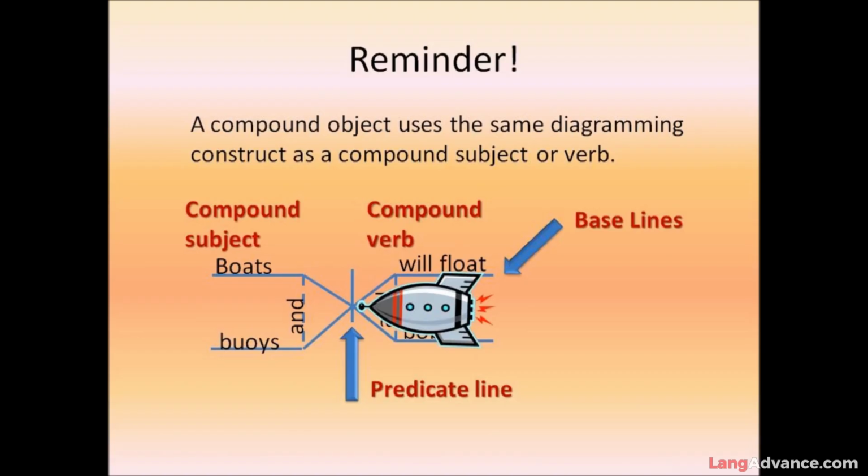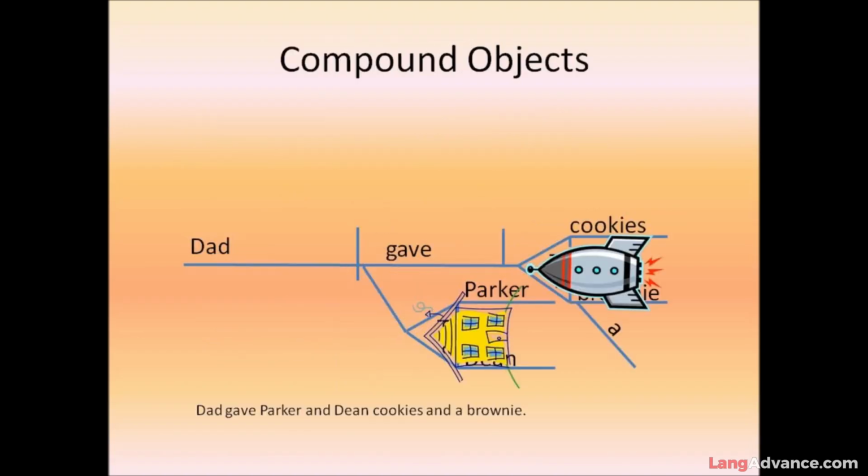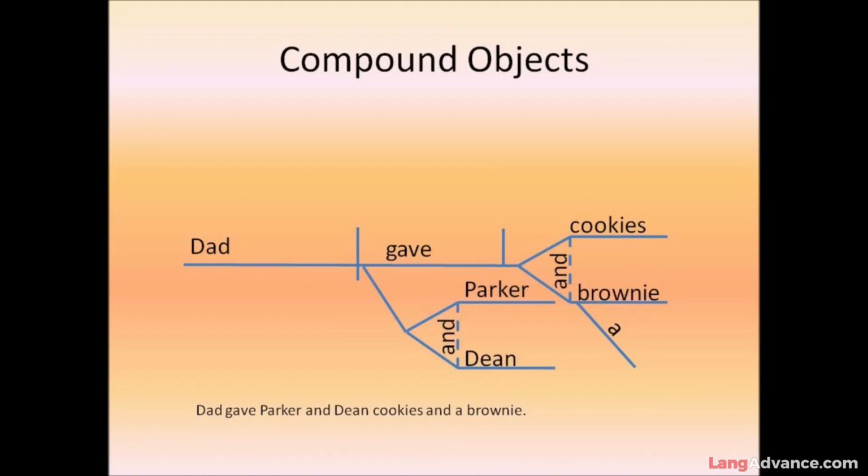And in the same way, you can have a compound object, either a direct object or an indirect object. And the finished diagram would look like this. Dad gave Parker and Dean cookies and a brownie, where Parker and Dean is the compound indirect object, cookies and a brownie is the compound direct object.